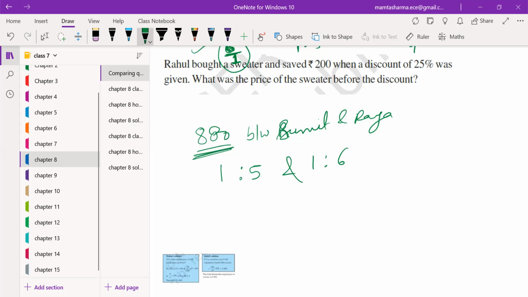The total quantity is 880. You have to divide first in the ratio 5. So we can say 1 by 5 into 880.